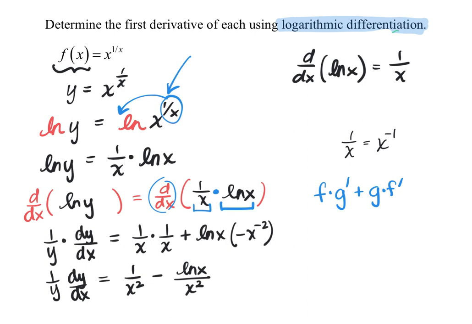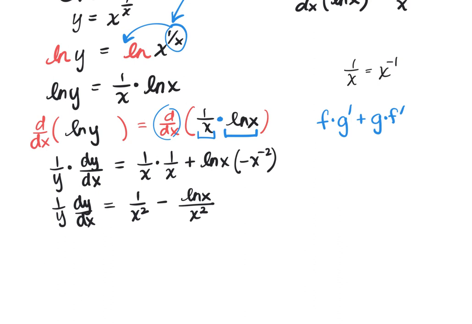And we could write that as natural log of x over x squared. Now we want to solve for dy dx. We want to get dy dx by itself. And remember that right now it's being multiplied by 1 over y. So we can just multiply both sides by y. So everything on the right-hand side will get multiplied by y.